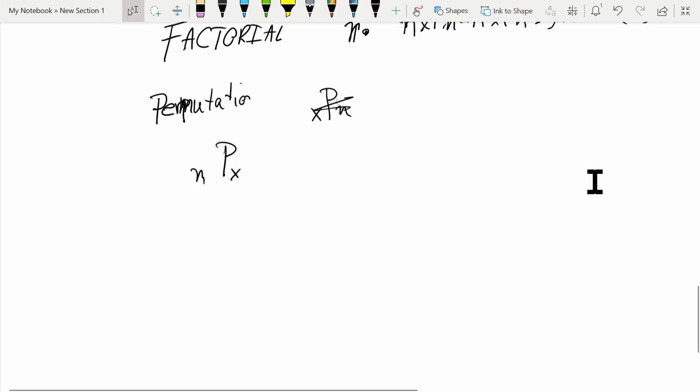This is, I'm going to take X things out of N without repeats and without regard to order. So this is a factorial that's cut off.